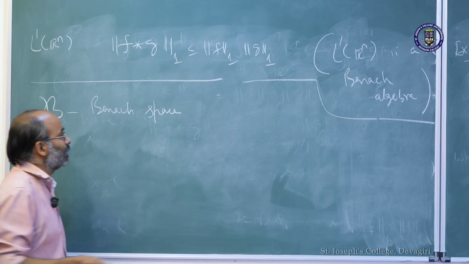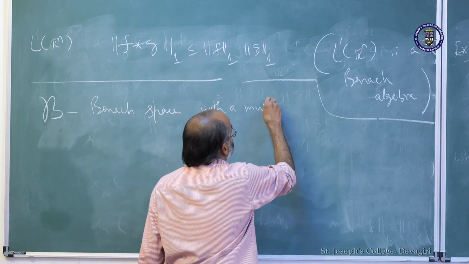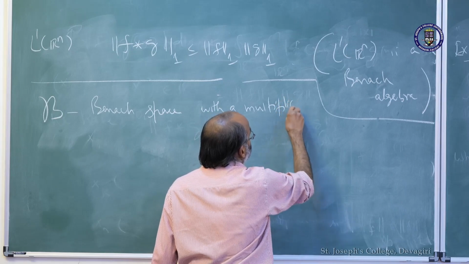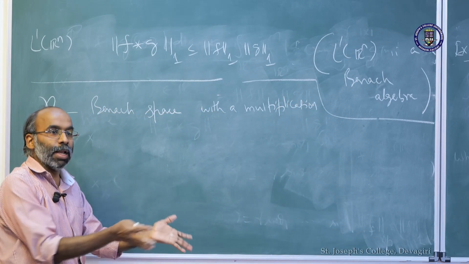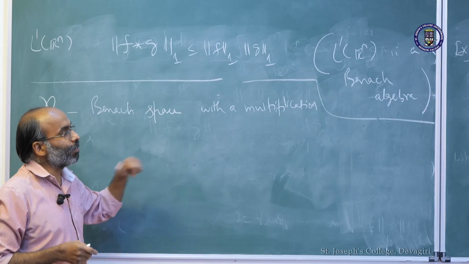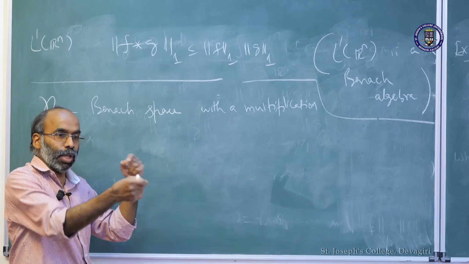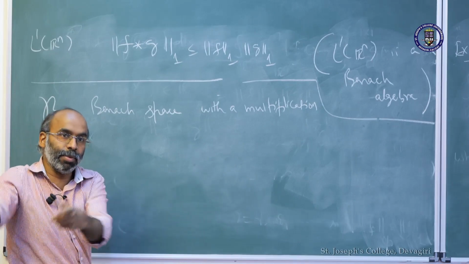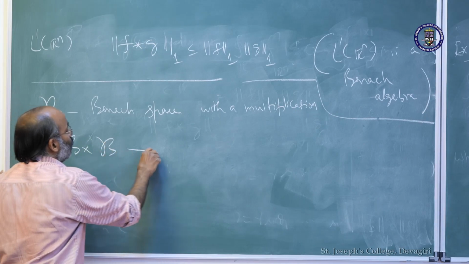There is a multiplication, okay, that's what makes it into an algebra. You can multiply things. Well, what is a multiplication? That would be a map from B cross B to B. Right? You take two elements in B, you should get another element in B.